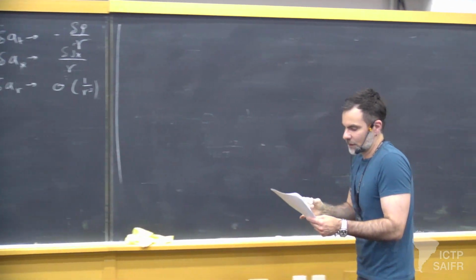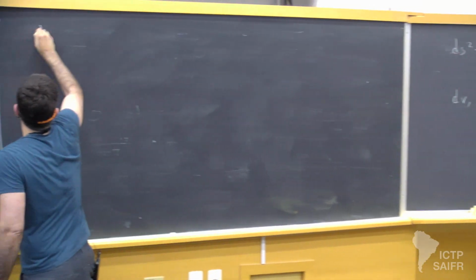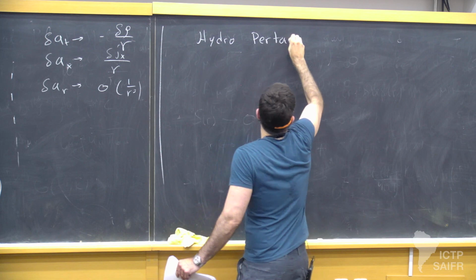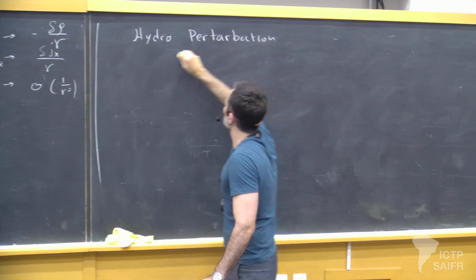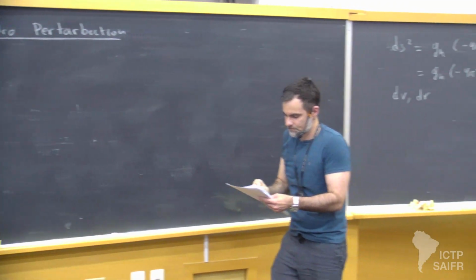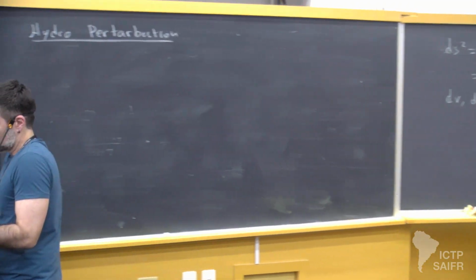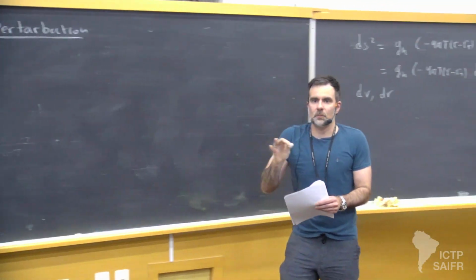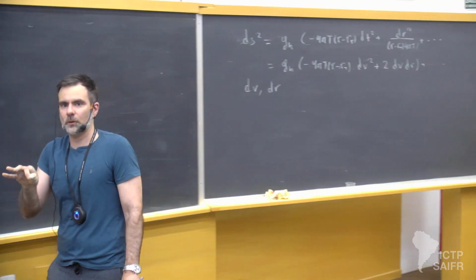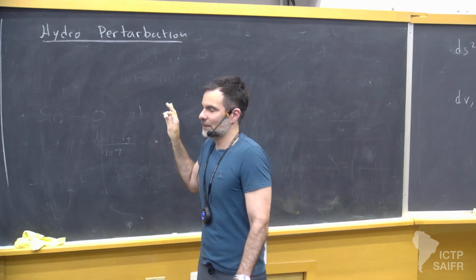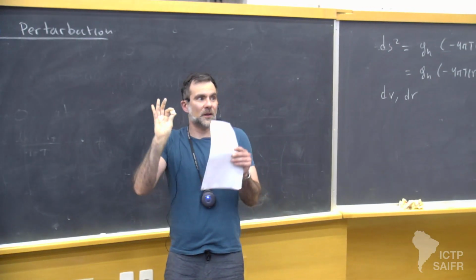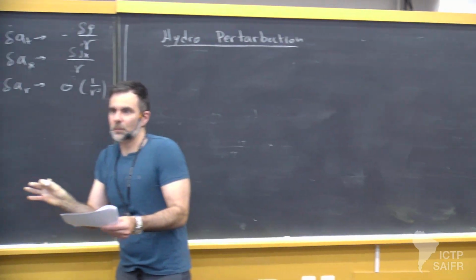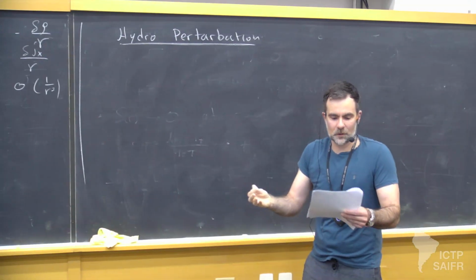So I haven't done anything that would tell me that this is now a hydrodynamic perturbation. This is just in general, just studying a general perturbation of the gauge field. Now, let's start creating a hydrodynamic perturbation. So what is the requirement for a hydrodynamic perturbation? If I take both k and omega in this perturbation equal to 0, this delta A mu that I had written should go to a thermodynamic perturbation, right? To some static perturbation which is basically becoming thermodynamics.